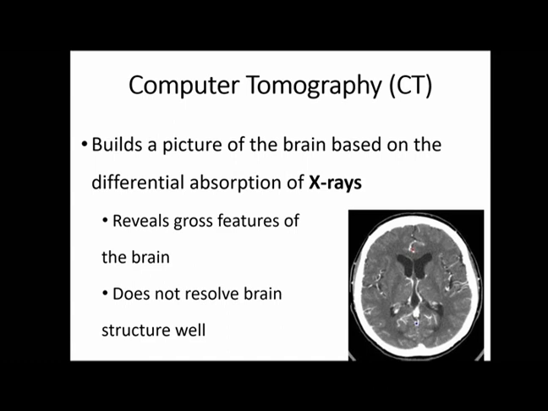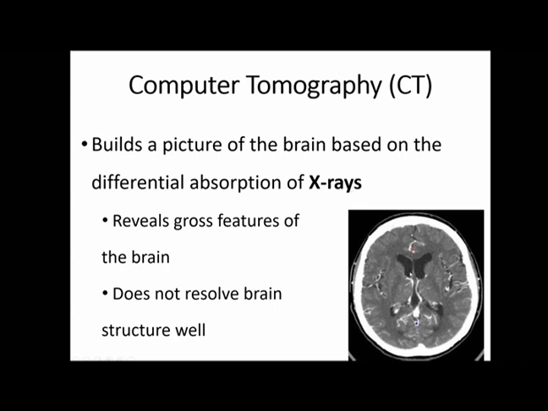And what it means by differential absorption is that some parts of the brain will absorb X-rays more than other parts of the brain. So here in this image, that white ring around the outside would be our skull, and bone is going to absorb a lot of X-rays.